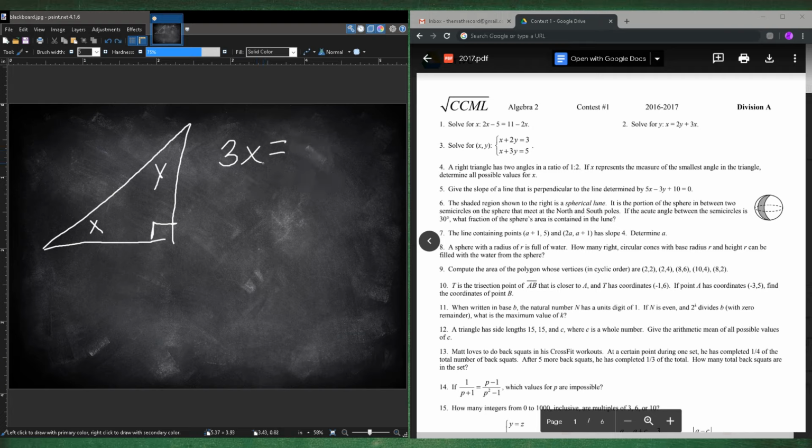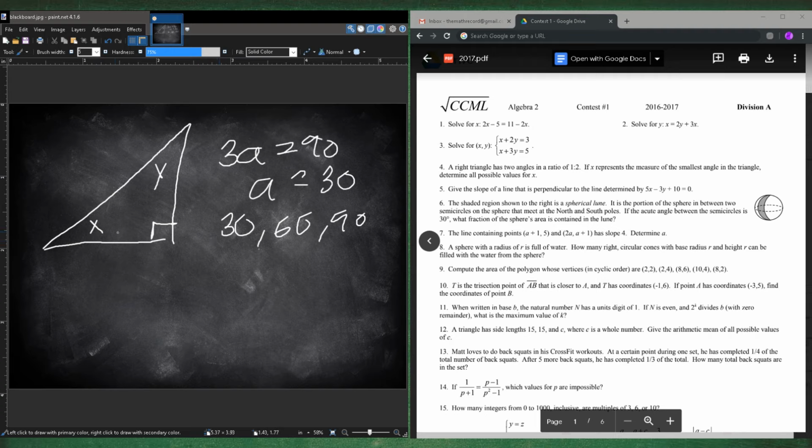Let's just use a, because I don't want to confuse you. 3a is equal to 90, and a is equal to 30. So this one's equal to a, and this one's 2a, so that would be 60. So that's a 30, 60, 90 triangle. That works because that's a 1 to 2 ratio.